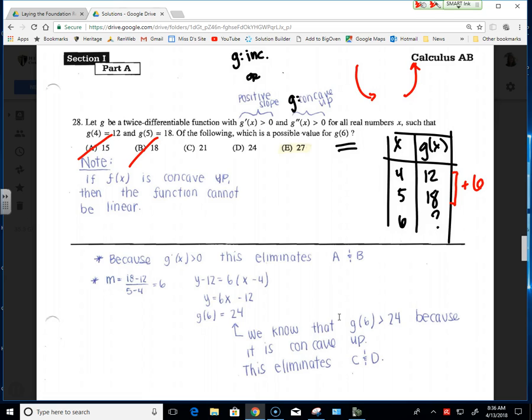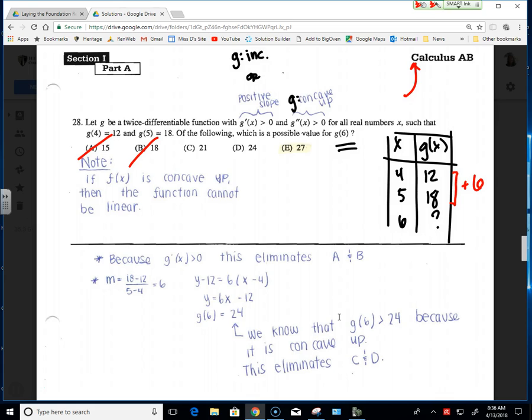What's happening to the changes of y of my tangent lines on the decreasing portion? The changes of y are going down. What's happening to the changes of y on the increasing portion? They're going up. So I need the changes of y for an increasing portion of a concave up graph to be going up. So it cannot go up by anything less than or equal to 6.